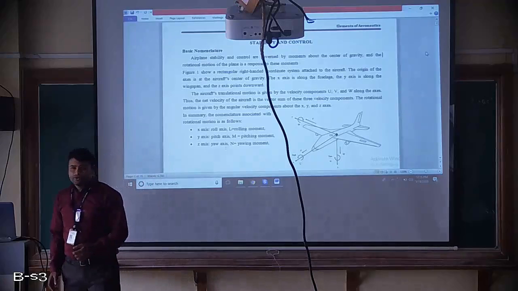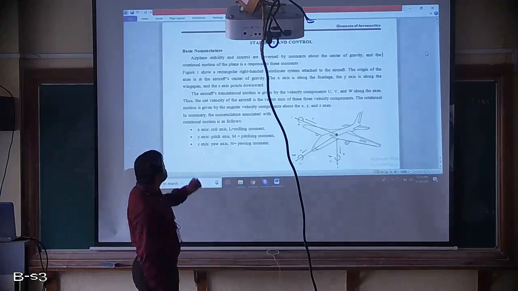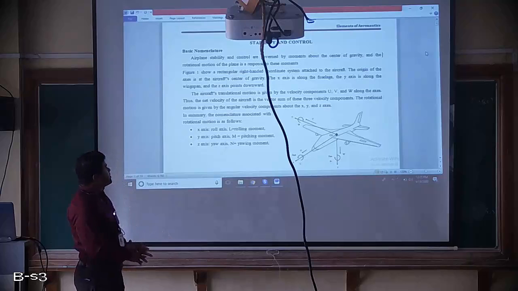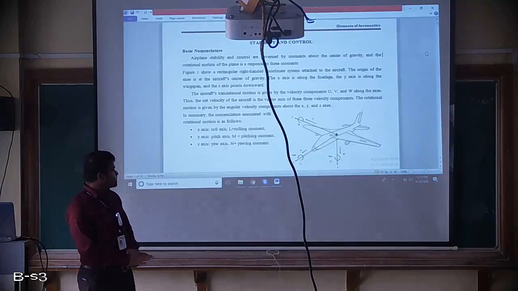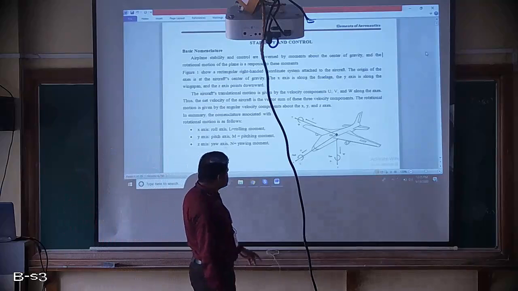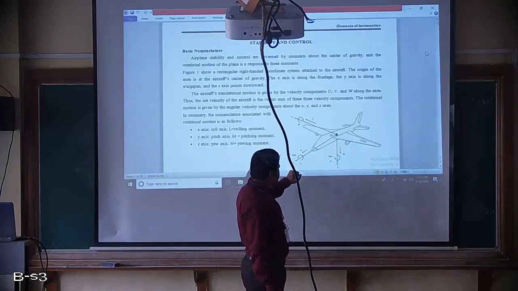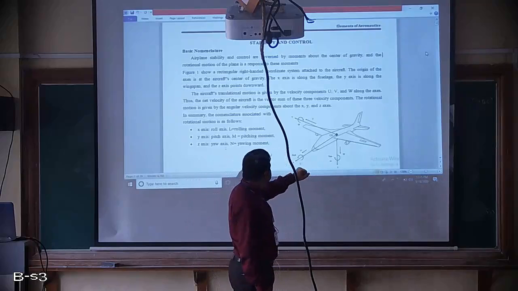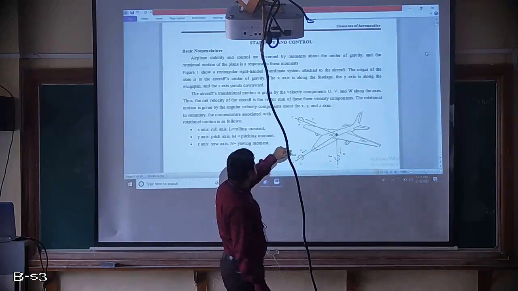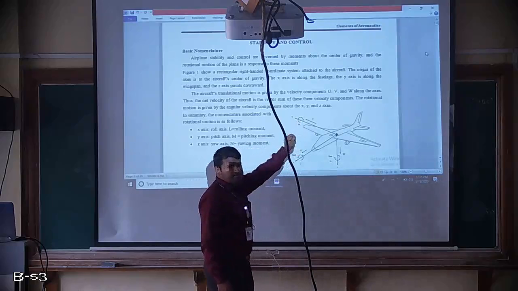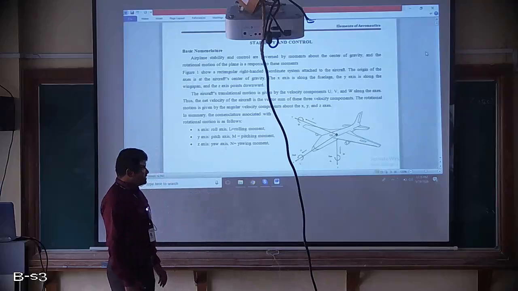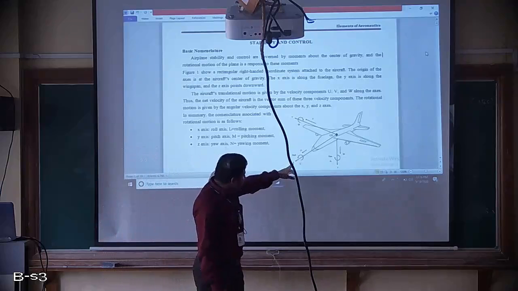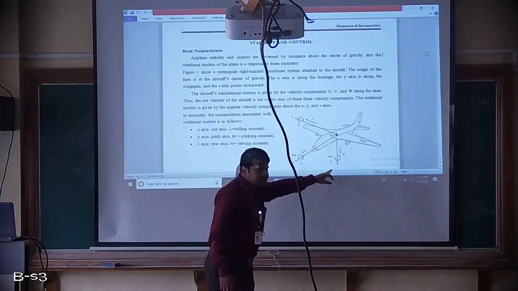So now in this slide we can see that the first thing is the different motions of the aircraft. Here we have given one aircraft. They have mentioned the roll, and here this is yaw, and this is the pitching movement. Now, this is the x-axis, y-axis and z-axis.